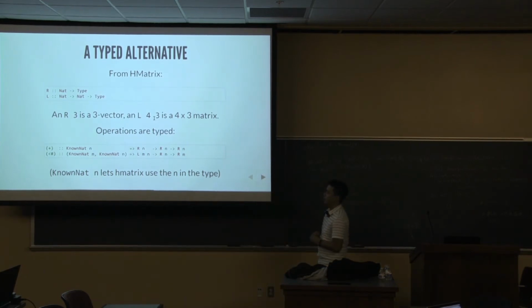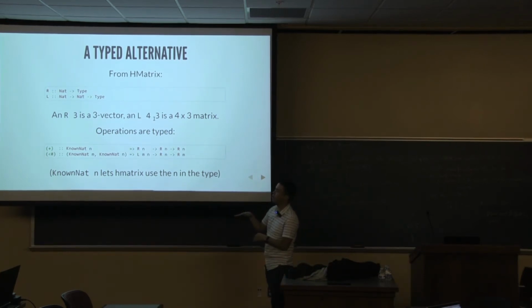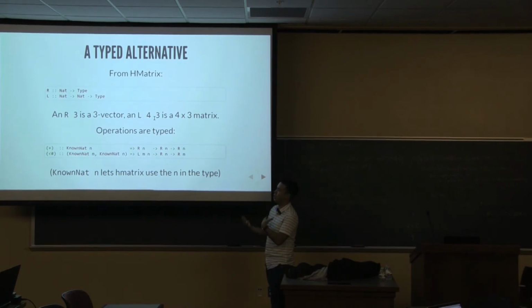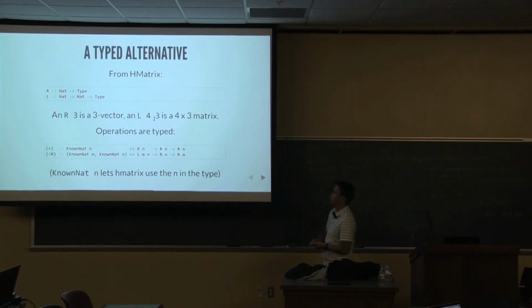And with this, you can actually even start doing hole-driven development, right? Because if you know you want to add something, you can leave a typed hole. The compiler will tell you, oh, you have a typed hole here. What else fits this typed hole? And you can see all things that fit what's expected. So if I want to multiply a matrix of L N by M with something and I don't know what to use, I can use a typed hole, and Haskell will tell you what vectors are available with that shape that you can use.